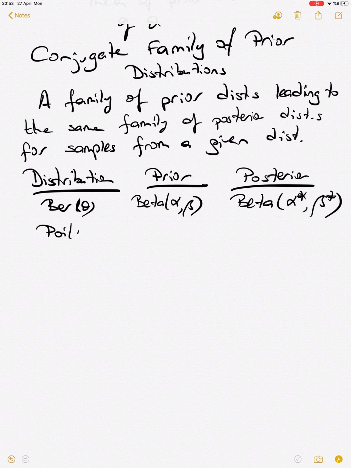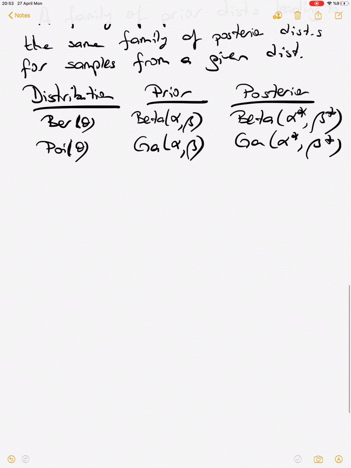Similarly, when our sample distribution is Poisson for theta, then we have a gamma prior, and our posterior will be gamma also, with different parameters. Okay, so let's look at another example.